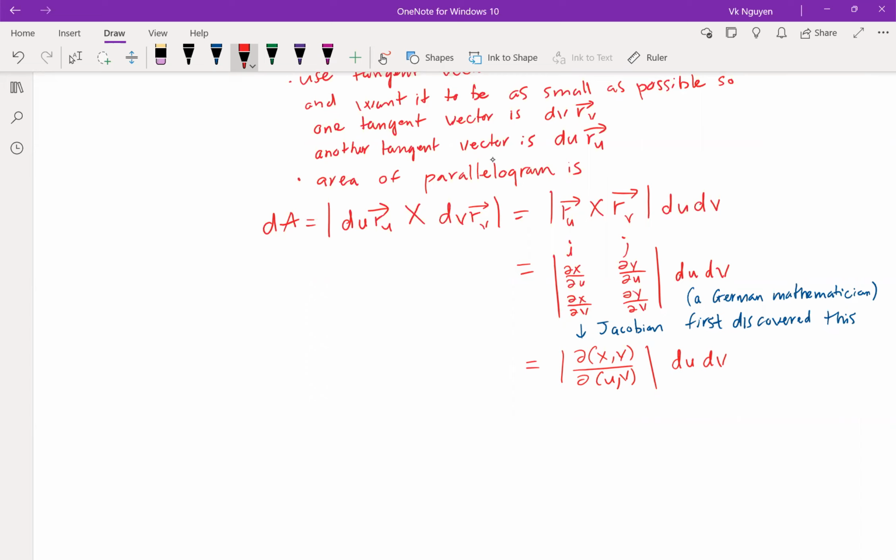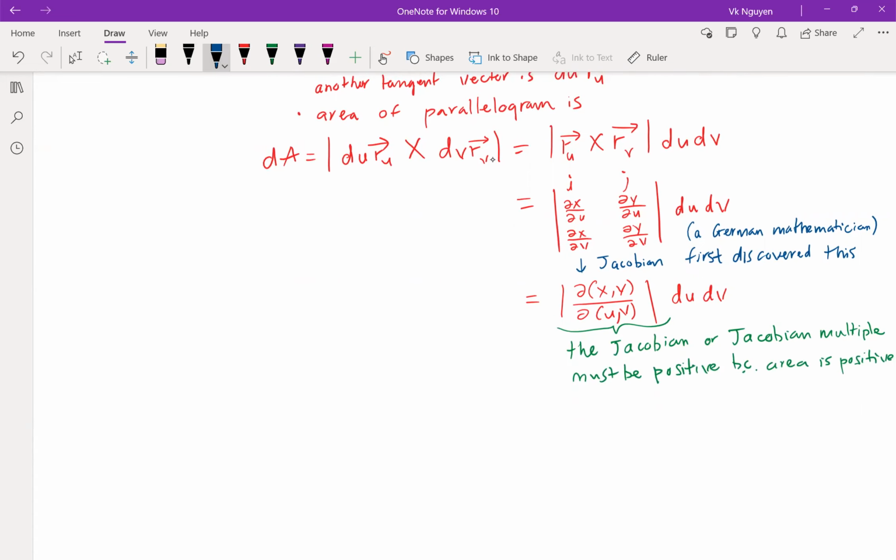And then remember this is the change in area, so make sure that this is positive because this is part of the area. Make sure that this Jacobian is positive.